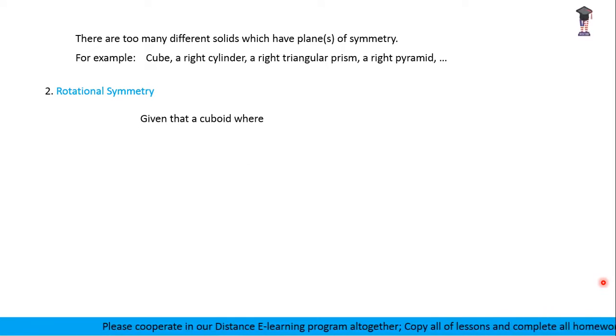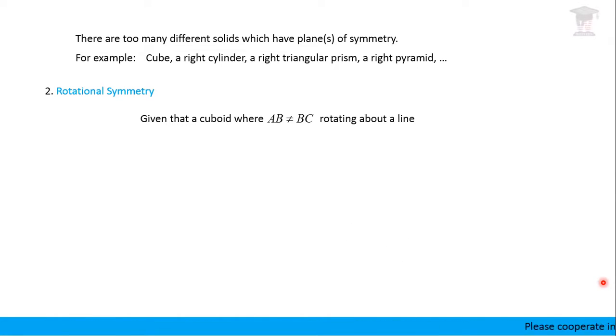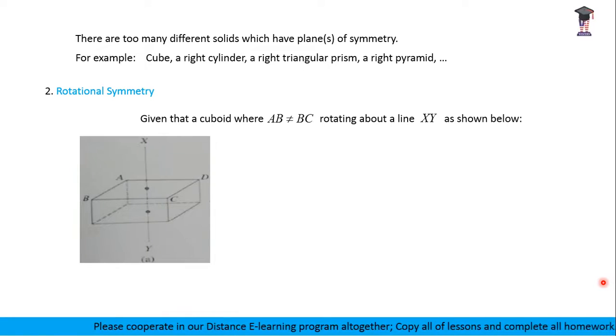Given a cuboid where side AB is not equal to side BC, rotating about a line XY as shown below. Here, the figure.